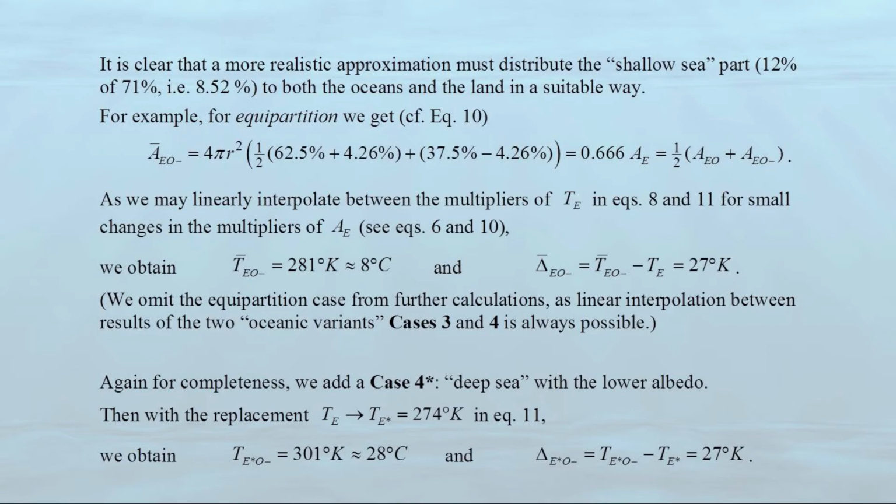We omit the equipartition case from further calculations, as linear interpolation between results of the two oceanic variants is always possible. Again, for completeness, we add a case for star, that is the deep sea with the lower albedo. Then we obtain for the temperature 28 degrees Celsius and a temperature difference of 27 degrees Kelvin.